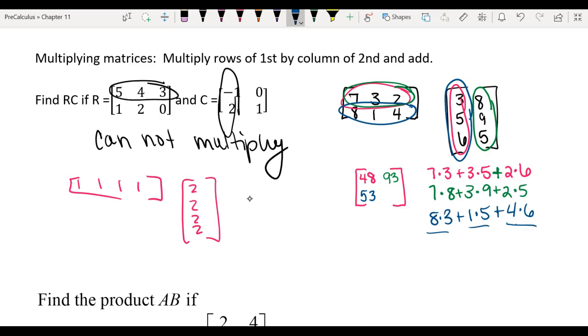Plus 5. Is that right? Okay. And then you're going to do 814 times 895. So 8 times 8 plus 1 times 9 plus 4 times 5. So that's 64 plus 9 plus 20, which is also, ooh, that's also 93. Coincidence.